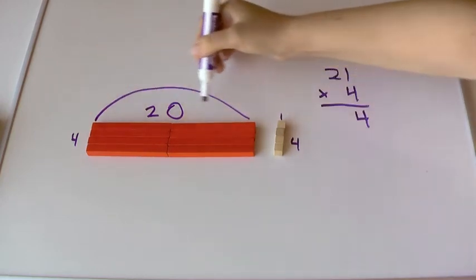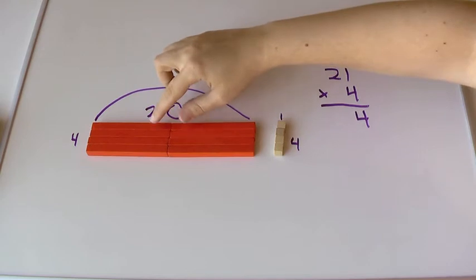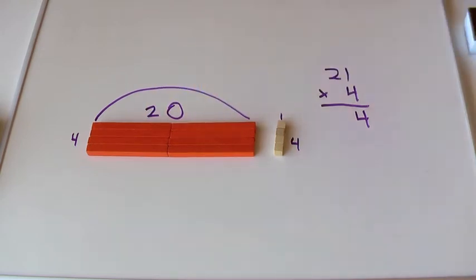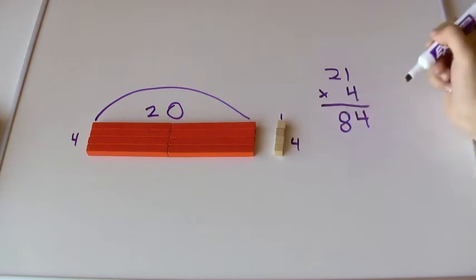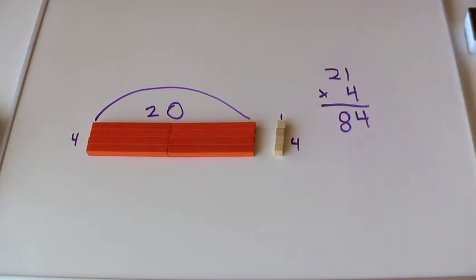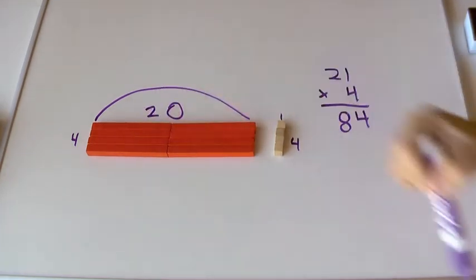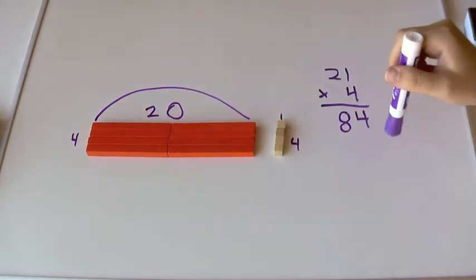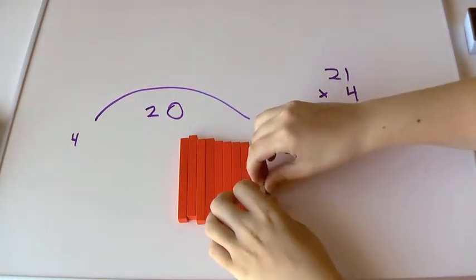So 4 times 20, or you can say 4 times 2 tens, and that is 80. So we can put an 8 in the tens place, and that represents having 1, 2, 3, 4, 5, 6, 7, 8 tens, or 80. So our answer is 84.